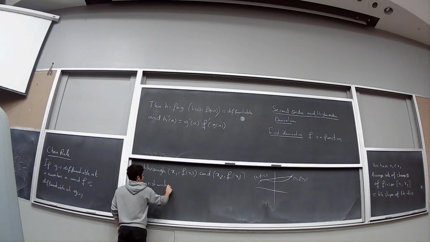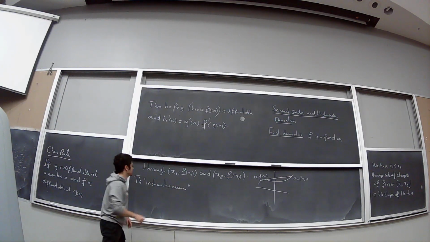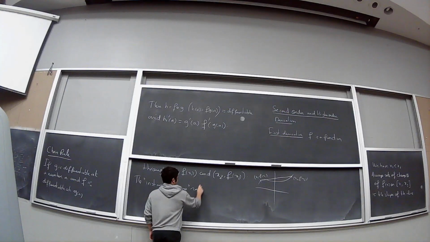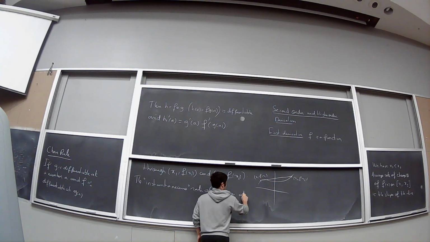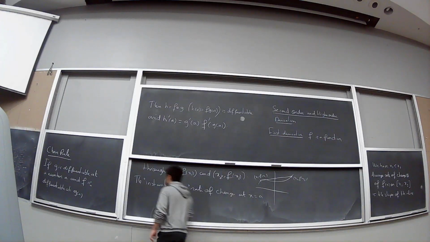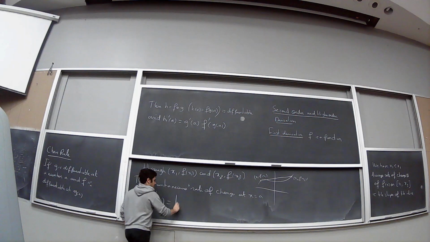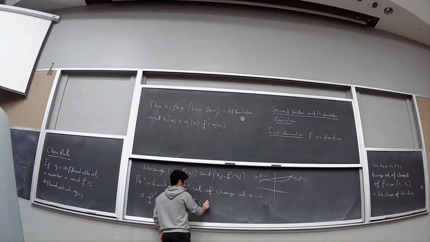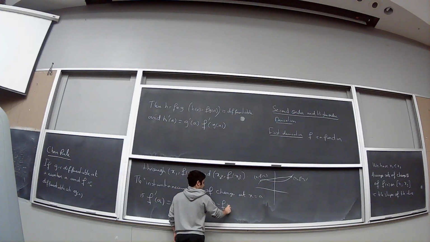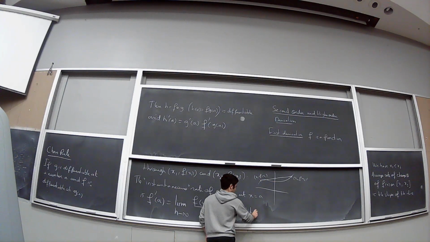Here I'm assuming that x is time, the instantaneous rate of change at x equals a is f prime of a, which is just the limit as h goes to 0 of f of a plus h minus f of a over h, if it exists.